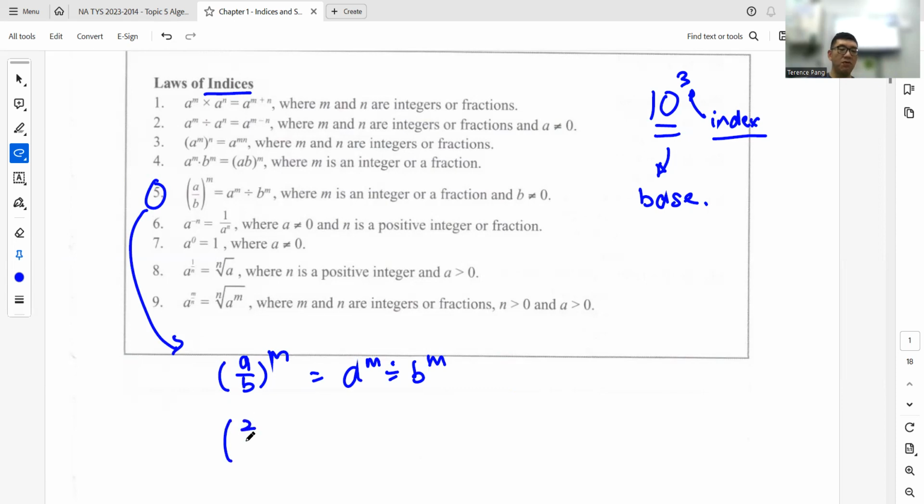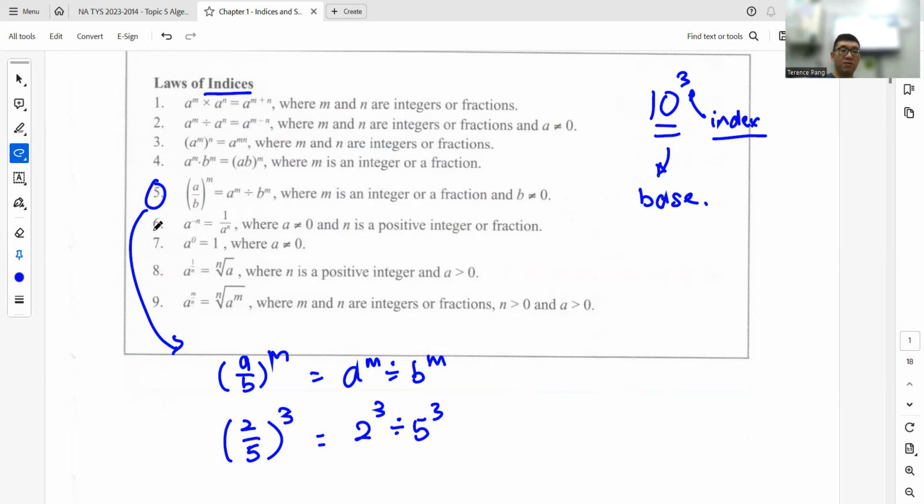An example would be (2 over 5) to the power of, let's make it a cube. (2 over 5) bracket cube is then equal to 2 cubed divided by 5 cubed. Meaning if they are both under the same bracket with the same index, you can split them up with the same index. So (a over b) to the power of c would equal a to the power c divided by b to the power c. Okay, that makes sense.